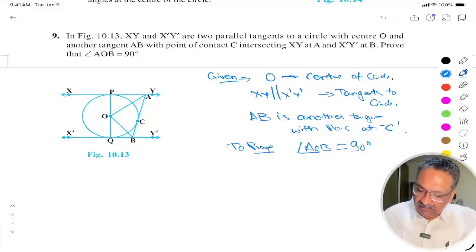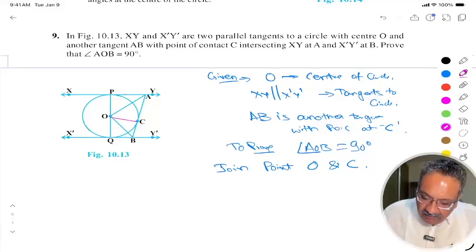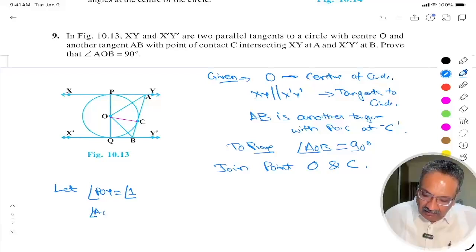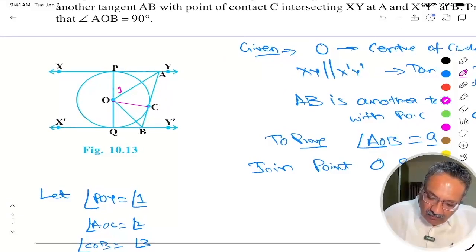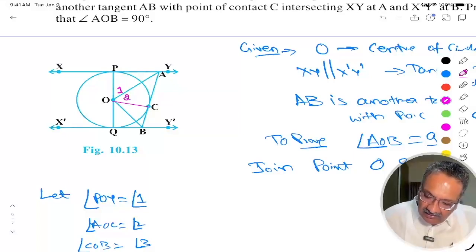So what we will do is, let us join point O and C. Let angle POY be angle 1, angle AOC be angle 2, angle COB be angle 3, and angle BOQ be angle 4. That is, I am calling this as angle 1, this as angle 2, this as angle 3, and this as angle 4.